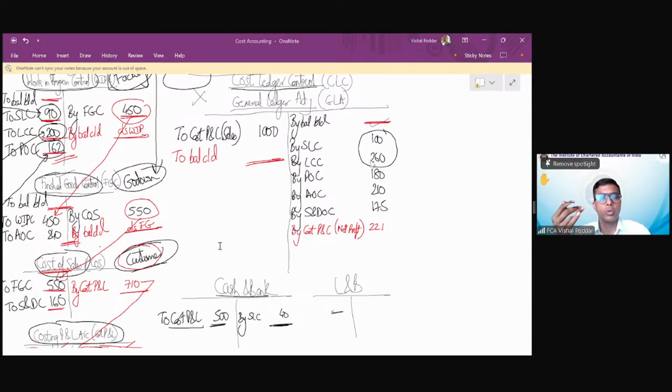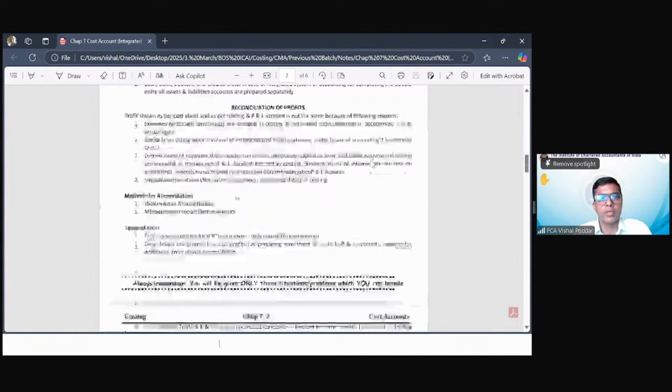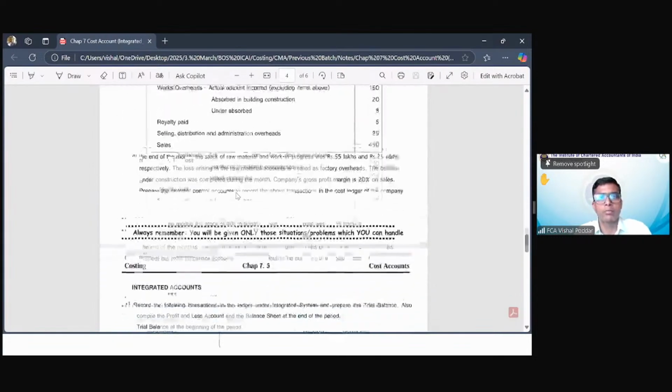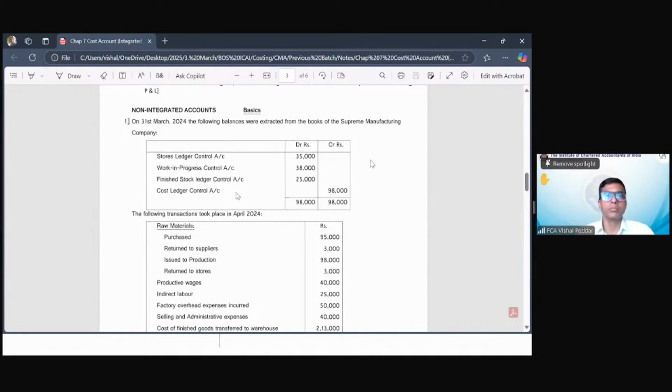Now I'll just show you the actual sum so that you will get a feel which you can practice. I've already uploaded this on our portal. So you have a question like this. You are given the opening balances, which will show as your opening balance.